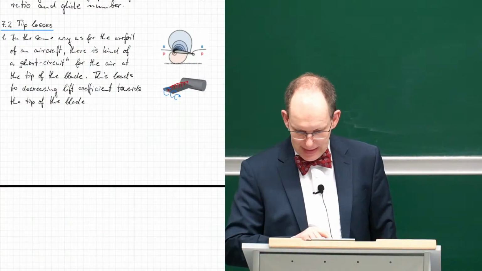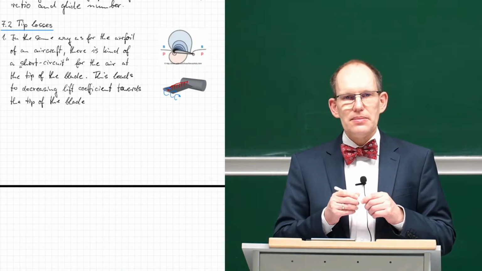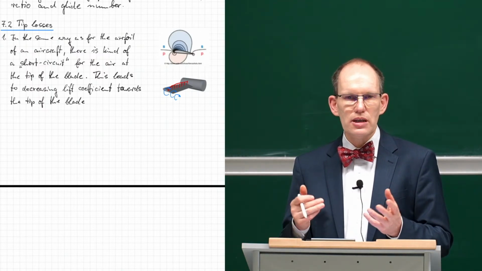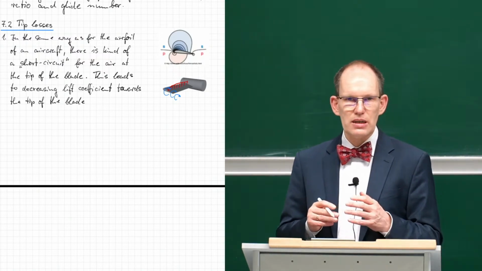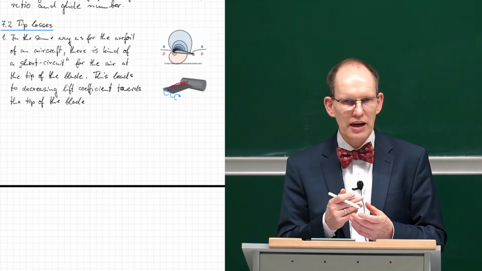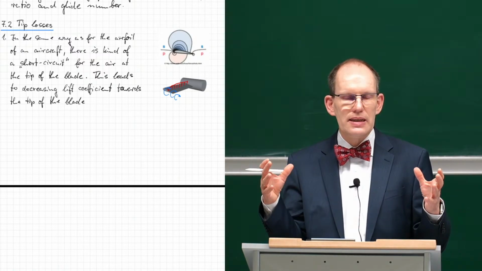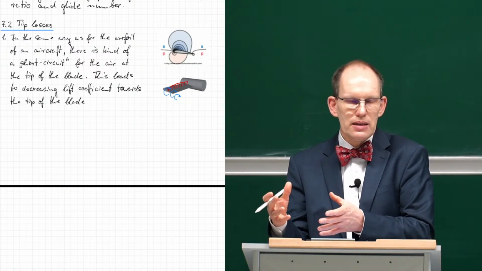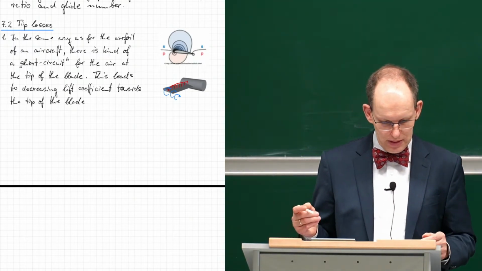So, let's continue. I said that we have kind of a heuristic approach to deal with this, and what Brundle arrived at was that the effective length of the blade, or the wing, is reduced by a certain amount for which he gave an equation.